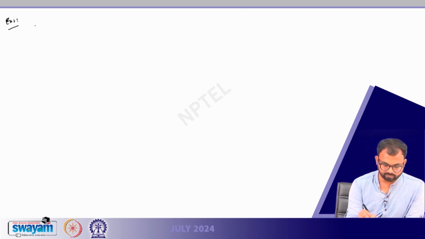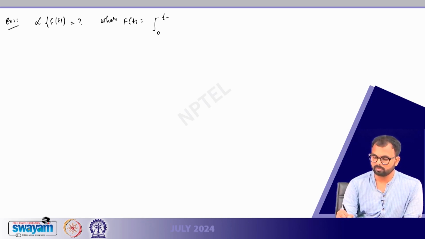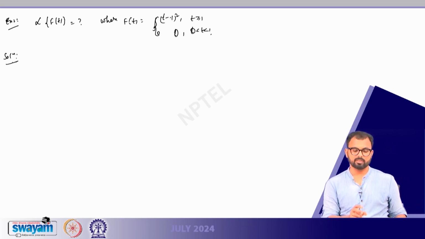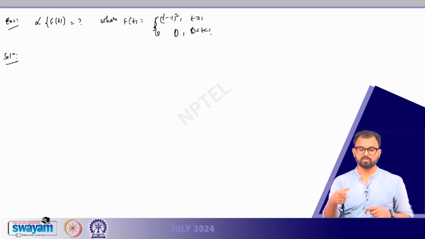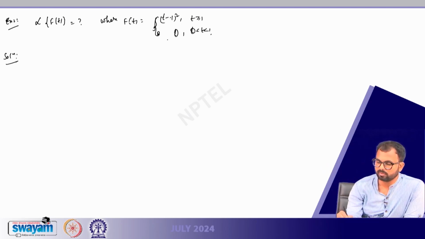Example: find the Laplace transform of f, where f(t) equals t minus 1 whole square when t is greater than or equal to 1, and f(t) equals 0 when t is between 0 and 1. So, the Laplace transform of f(t) is what we have to determine, where f(t) is t minus 1 whole square when t is greater or equal to 1 and equals 0 when t is less than 1.